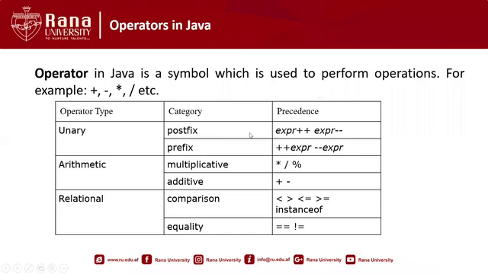Postfix is divided into two types: post increment and post decrement. The second one is prefix, which is also divided into two types: pre increment and pre decrement. Arithmetic is also divided into two types: multiplicative and additive.